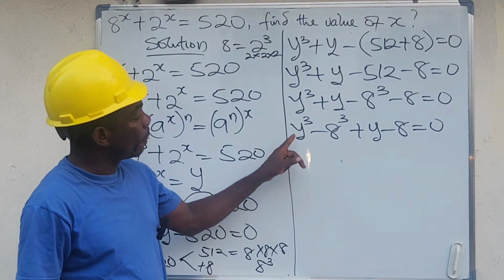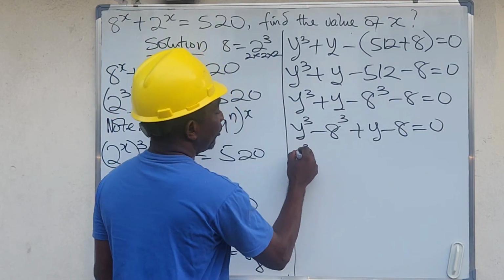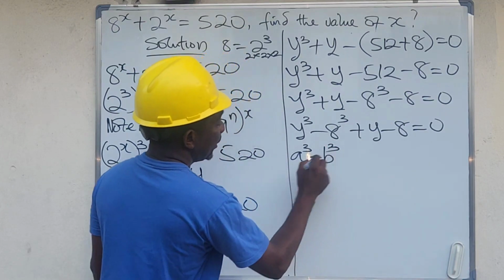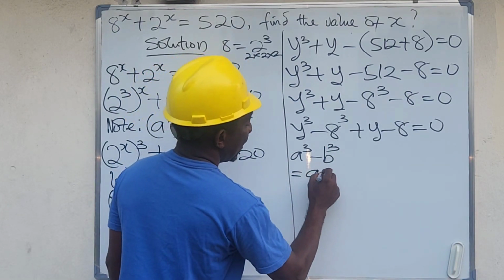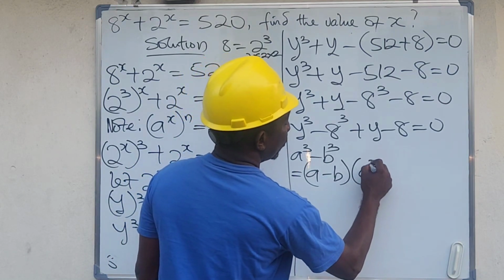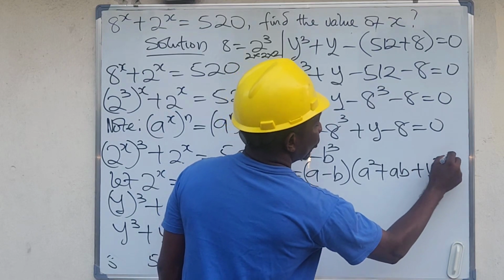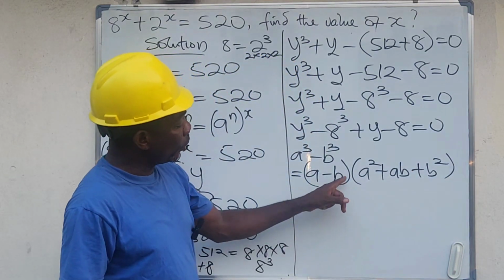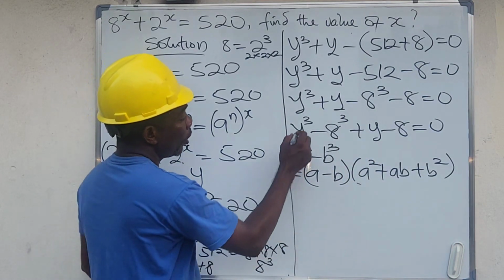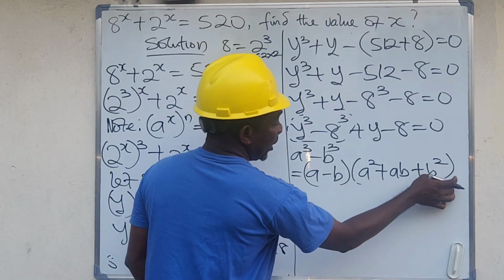Here, we can recall that a raised to the power of 3 minus b raised to the power of 3 is the same thing as a minus b, all into a squared plus ab plus b squared. We are going to express the expression in this form.